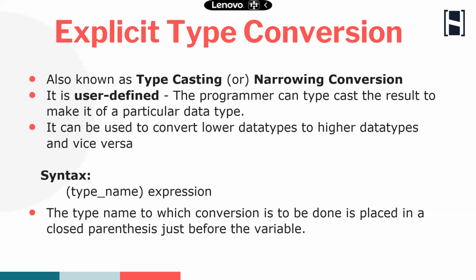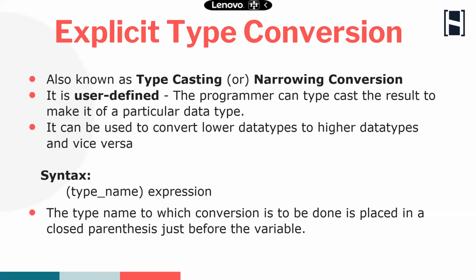So explicit type conversion is how the programmer converts from one data type into another type. For doing this, we have to follow a certain syntax, certain rules. First, within the parentheses, we mention the data type, that is, the data type to which we plan to convert.